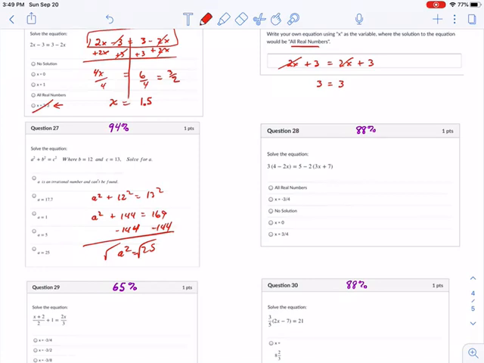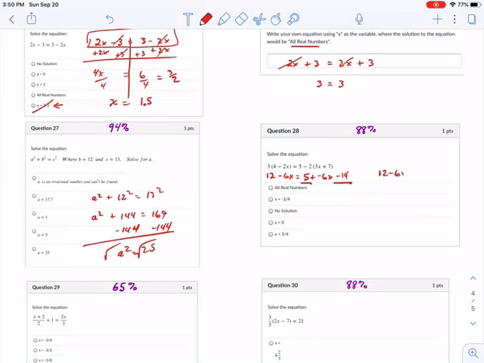Solving the equation on number 28. Nothing special about that one, I believe. Let's solve it and find out. On the left side, we have to distribute the 3, so that's 12 minus 6x. We have to distribute that negative 2, so that's negative 6x. Negative 2 times positive 7 is negative 14. Combining like terms over here, we have a 5 and a negative 14.